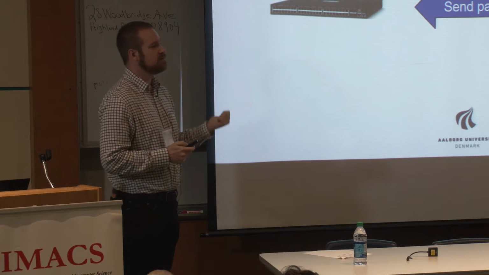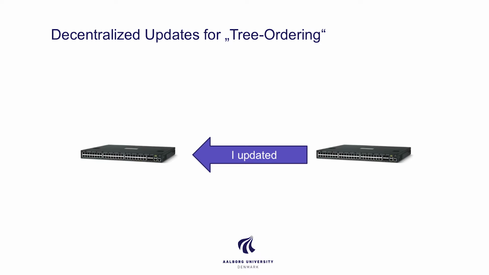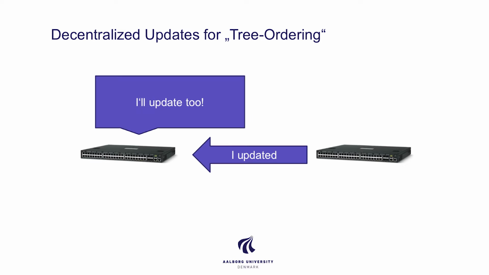So you can just wait for your parent to send you the information, I'm your parent, I updated, and then you can update too, and basically don't need any further switch-controller interaction.